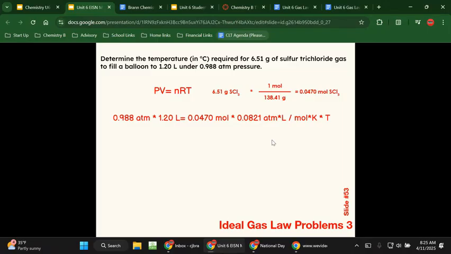Why did I pick that one out of the 4? They all have moles in them, though. How do we choose an R value? What is it based on? The unit of pressure. Our pressure is in atm, so our R value has to be the one for atm.